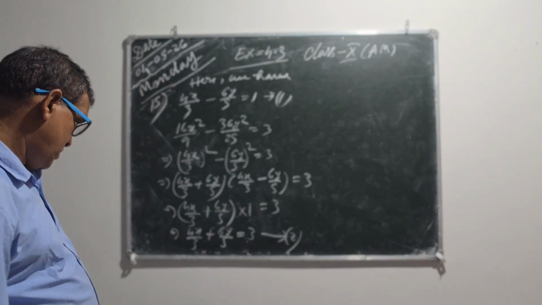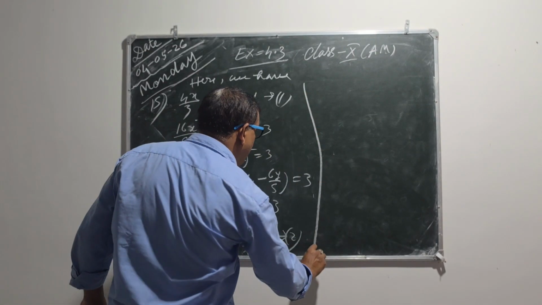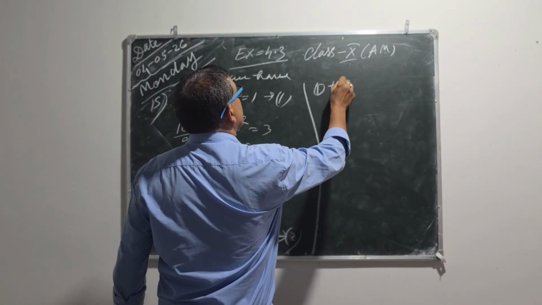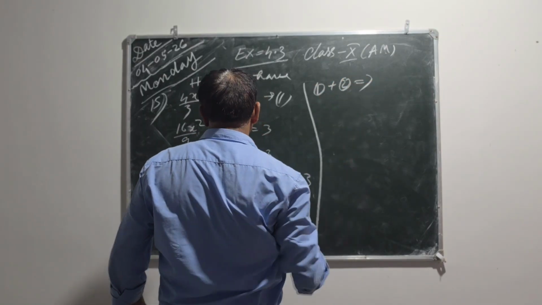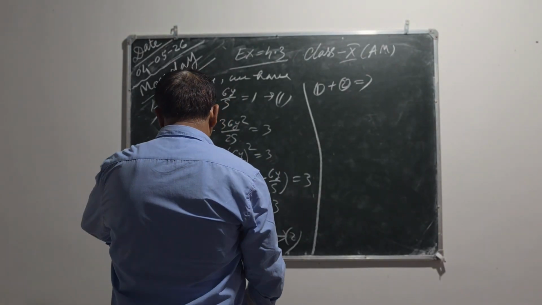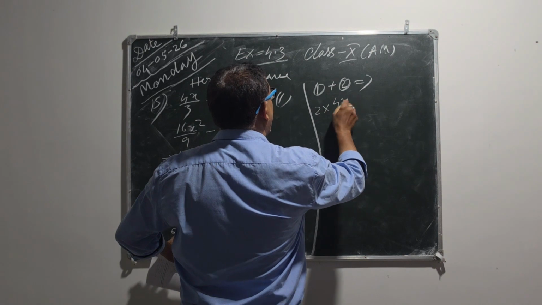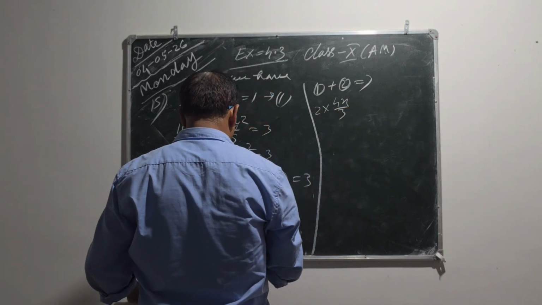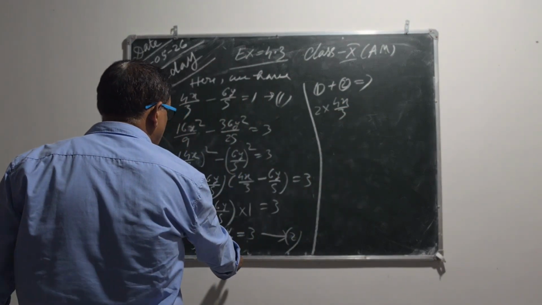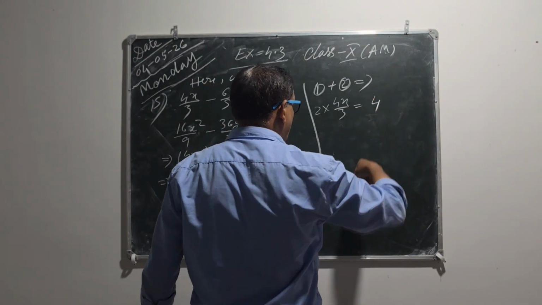Now, if we add 1 and 2, the 6y by 5 terms on the left-hand side will cancel. So finally 2 into 4x by 3, and since we have added, it will be 3 plus 1 equal to 4.